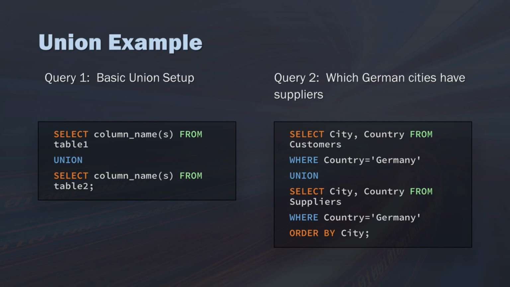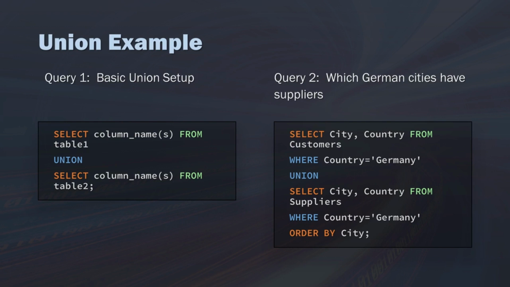And then we're going to add those together so we know where we have a presence, whether it's by customer or by supplier. So the syntax for this is you have your select statement with your column names from your table, and then you list the union, and then you also have your second select statement.